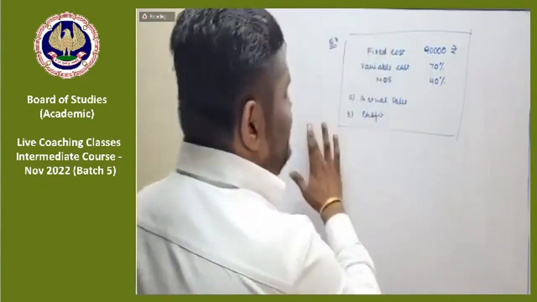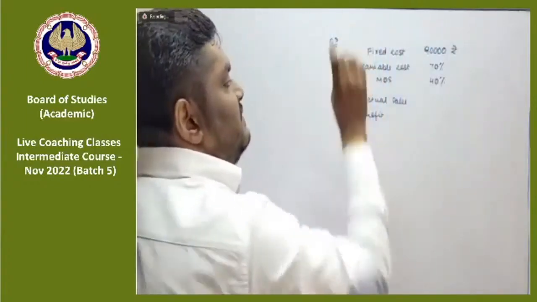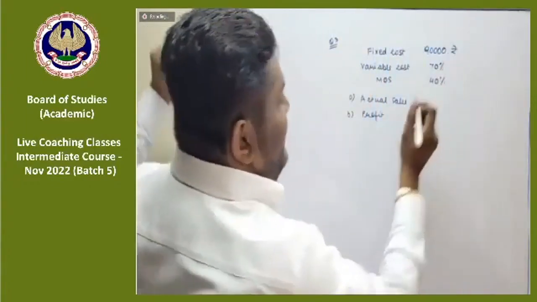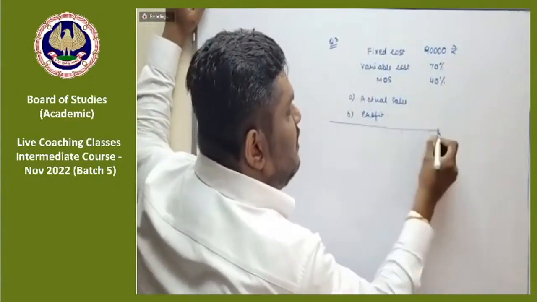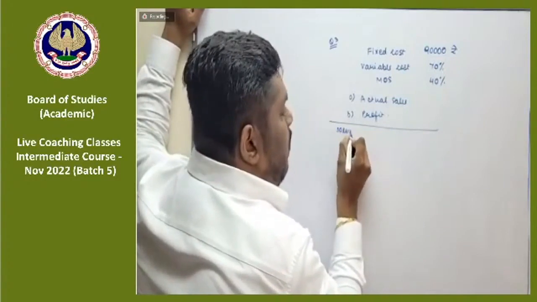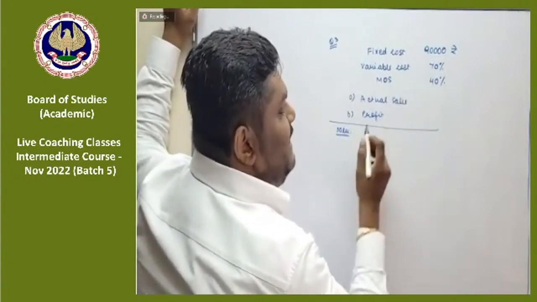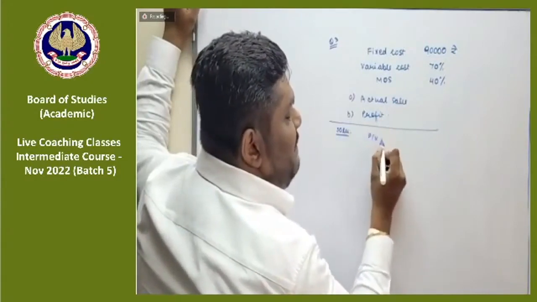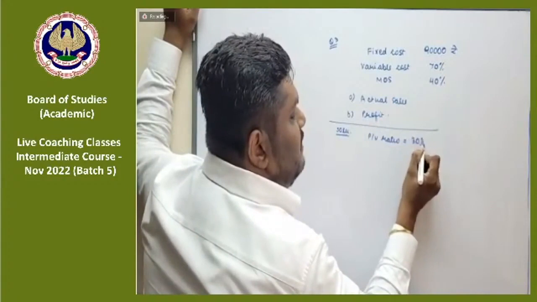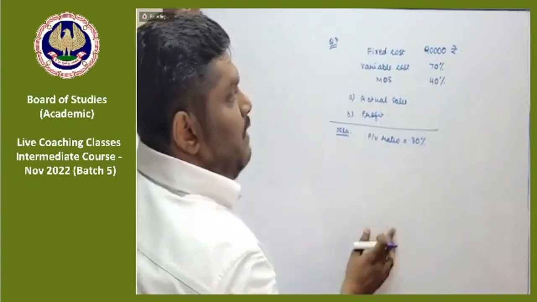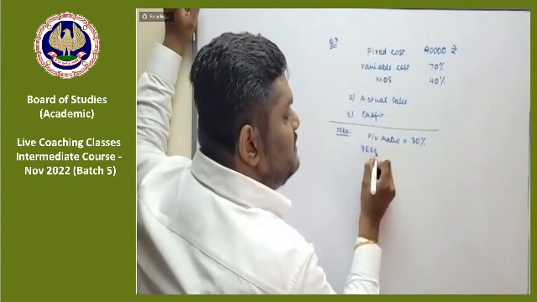Okay guys, now let's start with the solution. So herein, my variable cost is 70% of sales. It means my PV ratio is how much? 30%. Now, we will calculate the break-even sales first.